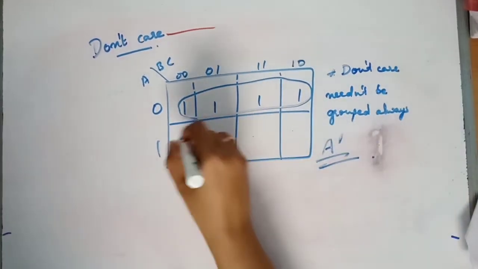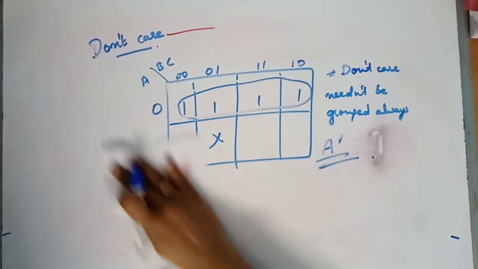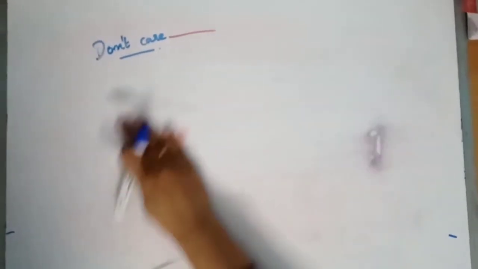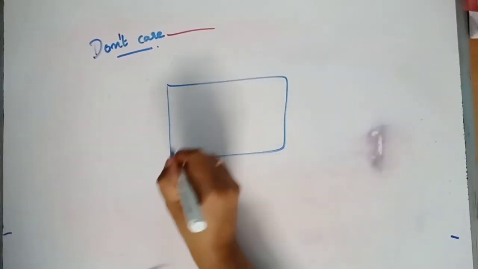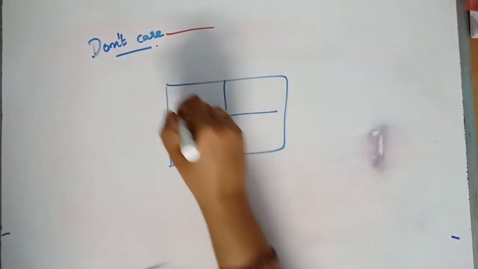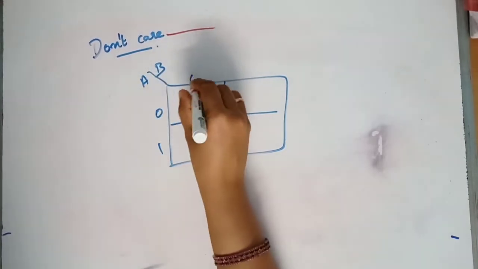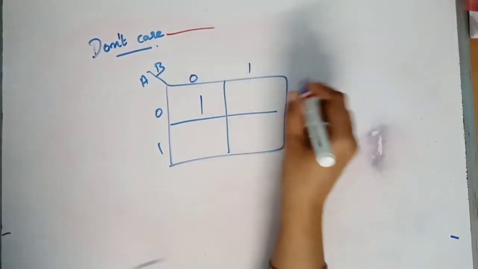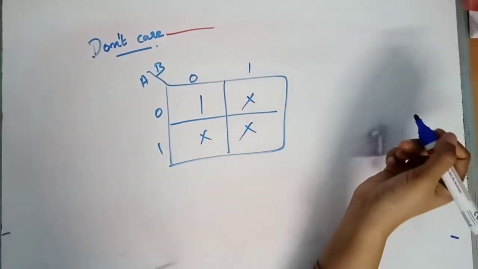Okay, do not use this don't care. Suppose it is like this. It is 1 here and don't cares here.